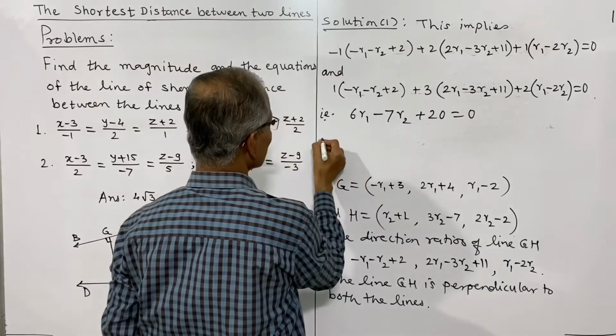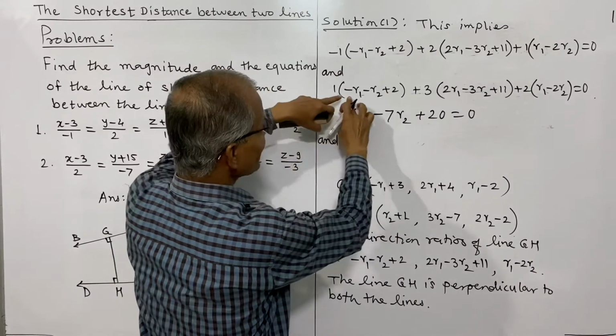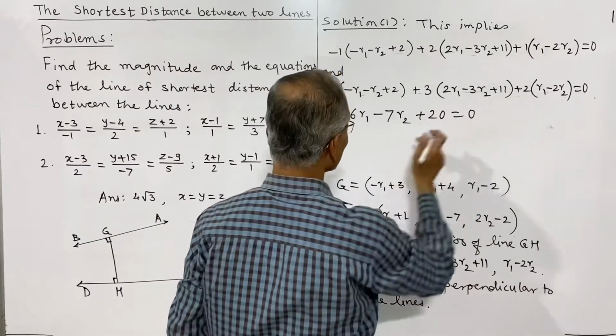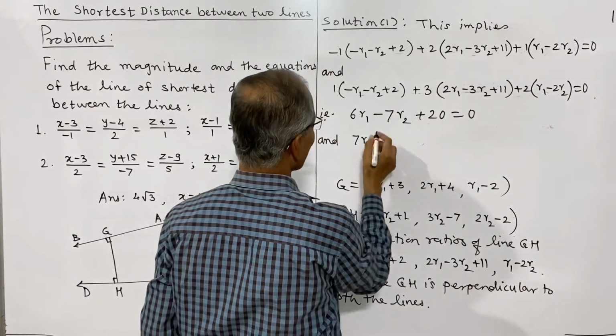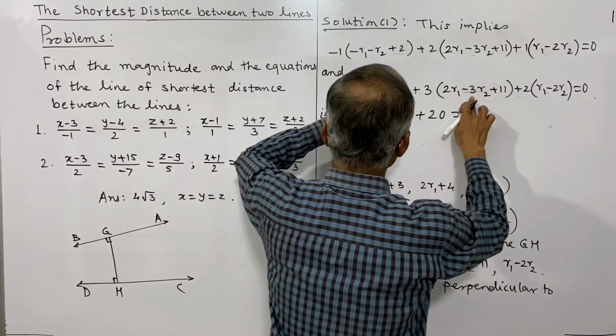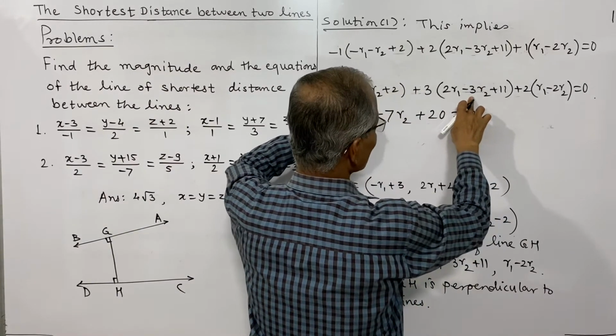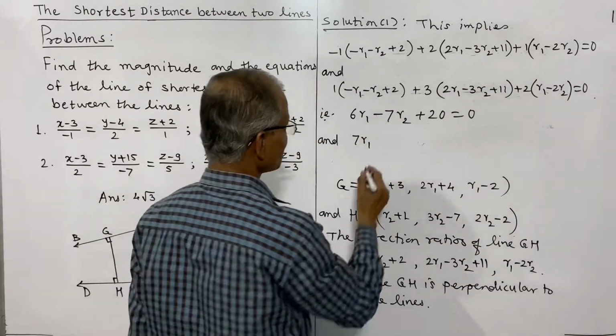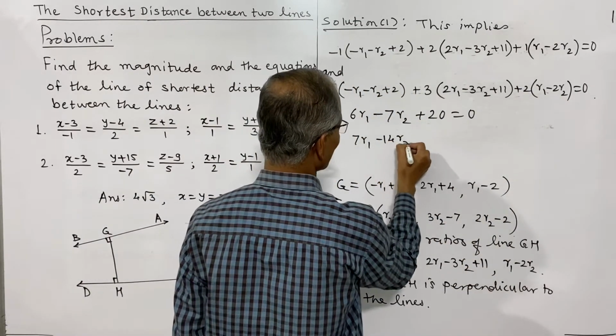And the second is minus R1 plus 6R1, that is 5R1, 5 plus 2, that is 7R1. And this is minus R2, minus 9, minus 1 minus 9, that is minus 10, and this is minus 4, minus 14R2.